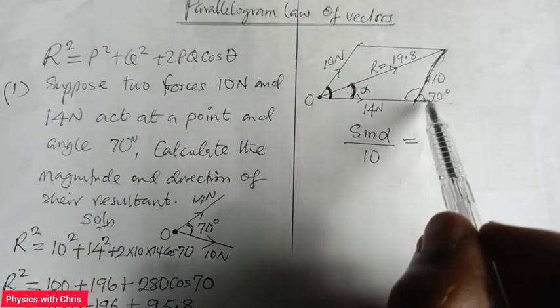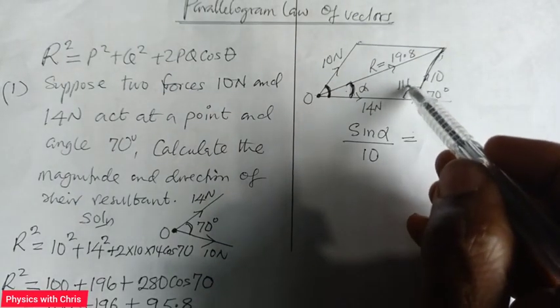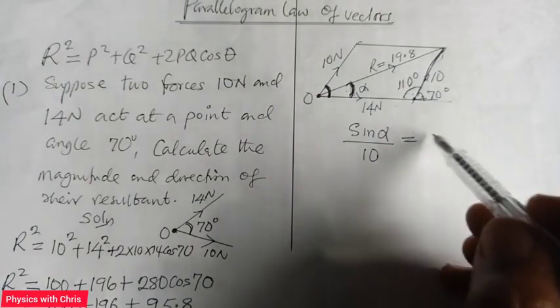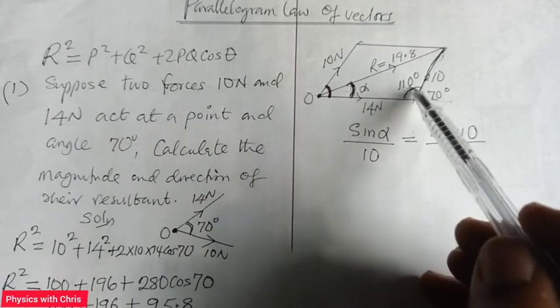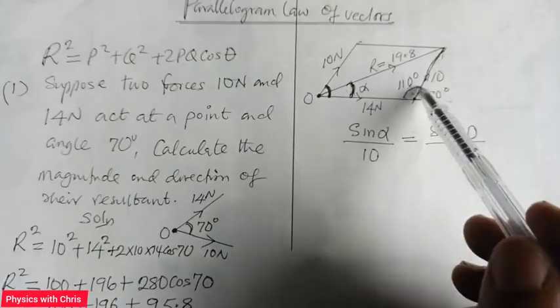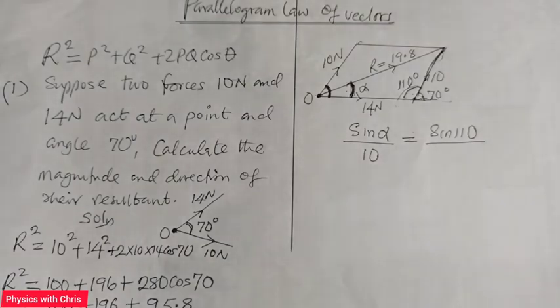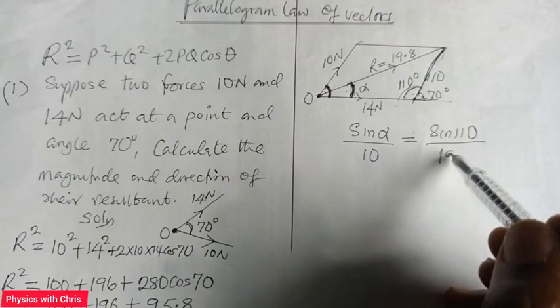So this will be 180 minus 70, which gives me 110 degrees. So that gives me sine 110 degrees divided by the side opposite the 110, which is the resultant I already found, 19.8.